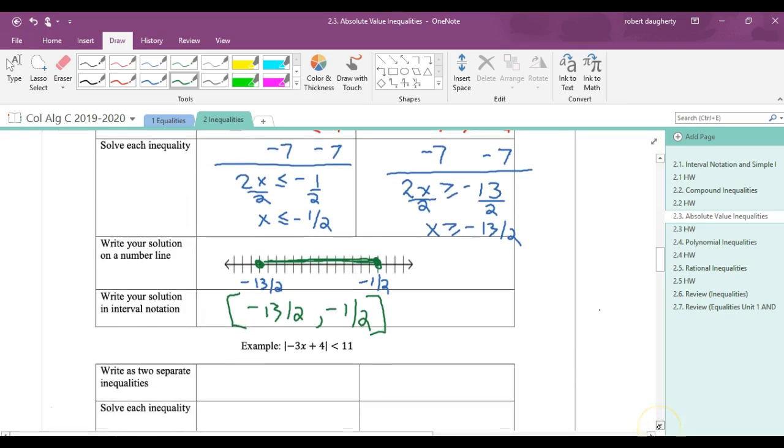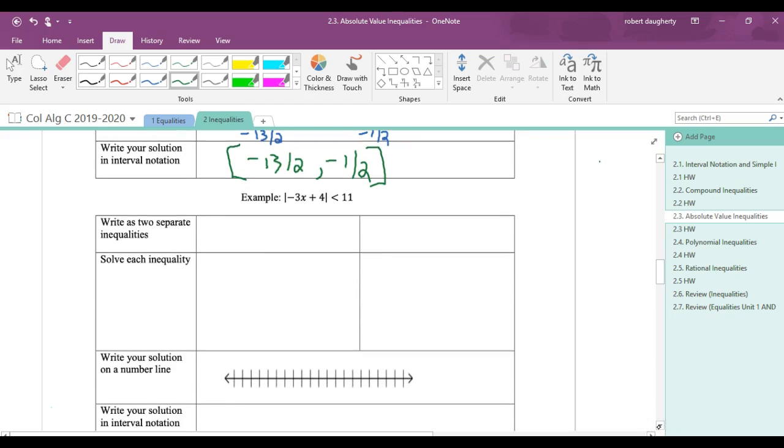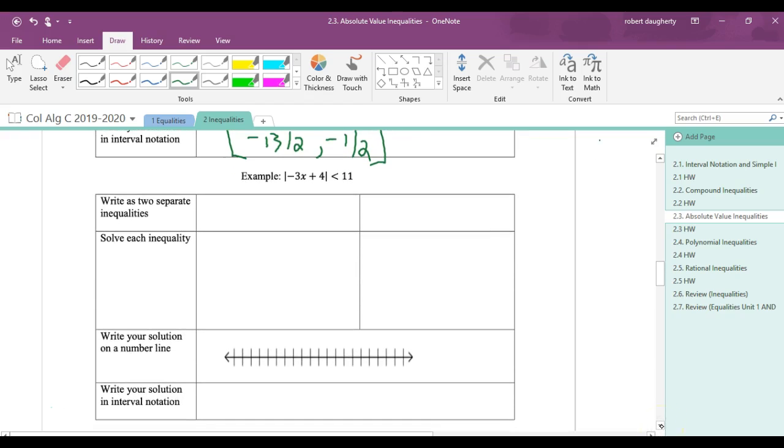But let's do another example here. Is the absolute value all by itself? Yes. Okay, so I can break this into two problems. So copy down everything, -3x plus 4 less than 11. Okay. Now, to make the next problem, what do I do? -3x plus 4 is what? What changes?